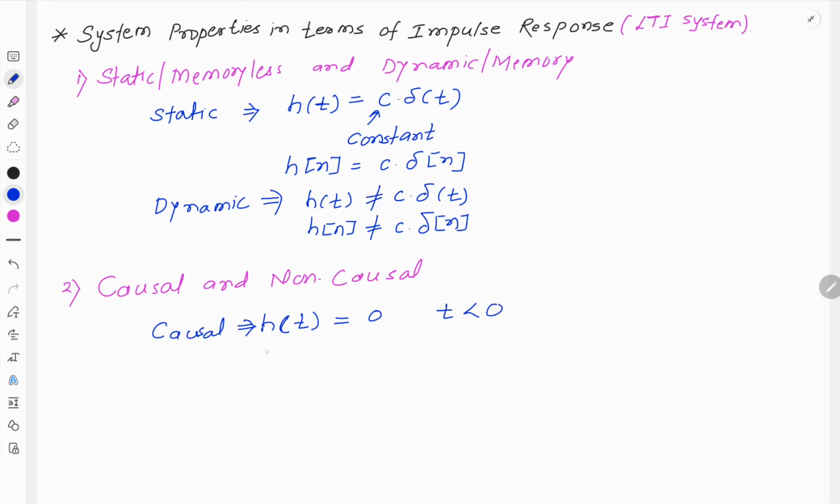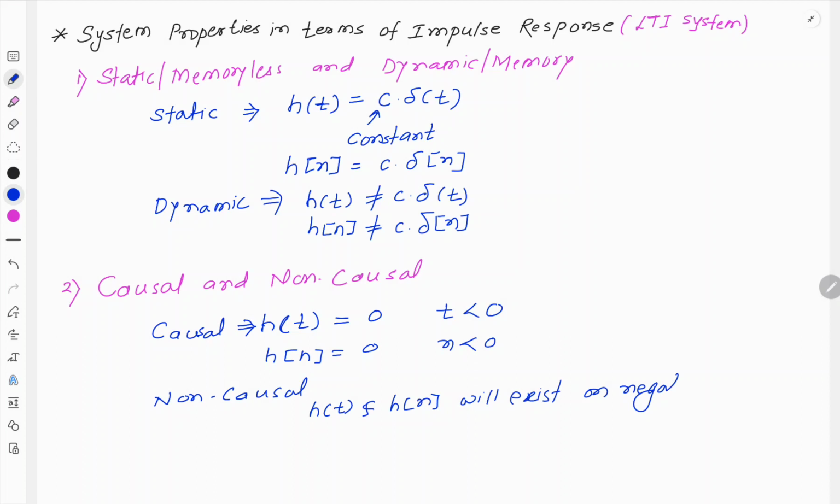Similarly, for discrete form, h of n will be 0 for n less than 0. For a non-causal system, this condition will not be satisfied, and h of t and h of n will exist on the negative axis. So this is how we can identify whether the system is causal or non-causal.